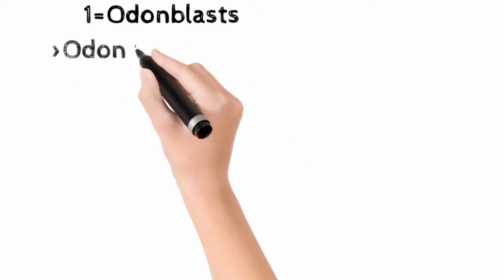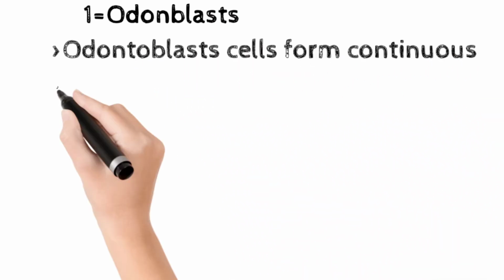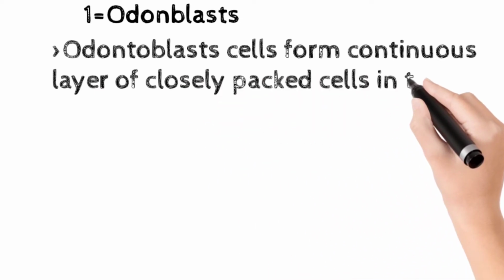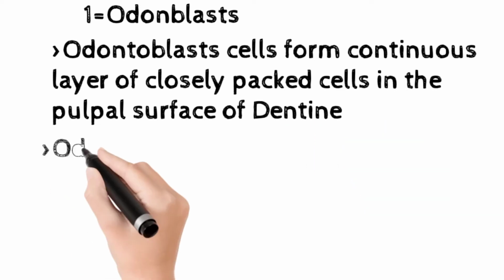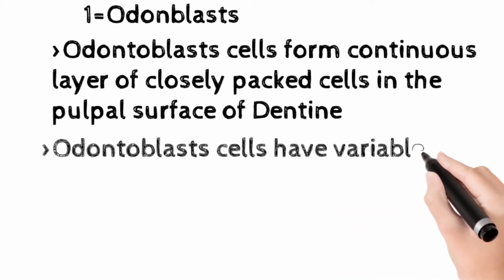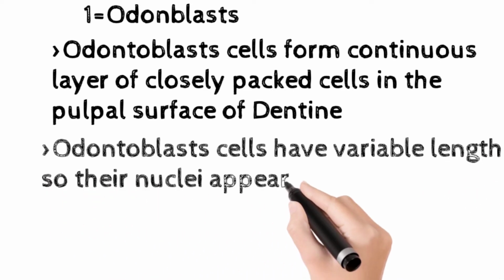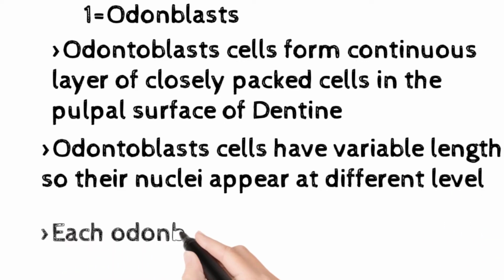First we start from odontoblast. Now, odontoblast cells form continuous layer of closely packed cells in the pulpal surface of dentin. Next, odontoblast cell have variable length. Therefore, their nuclei appear at different level.